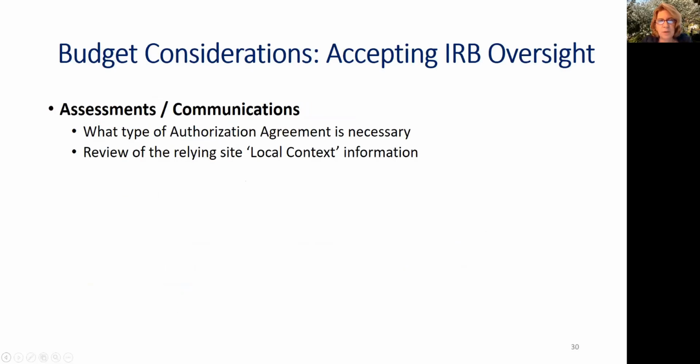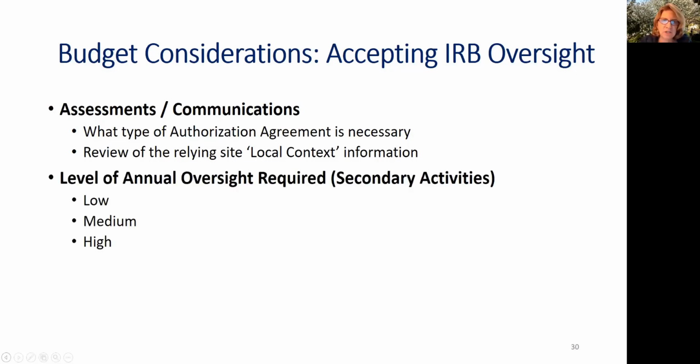So when we're going to work with you to prepare these budget considerations for accepting oversight, what we're going to do is, and Cindy mentioned this before, take a look at the type of authorization agreement that's necessary, look at that local context information, and then at the end of all this, assess, and this is more of an IRB Med practice right now.